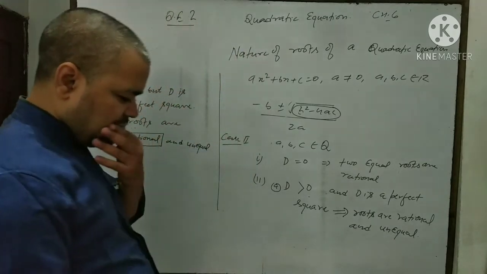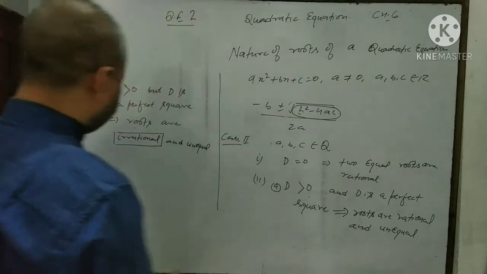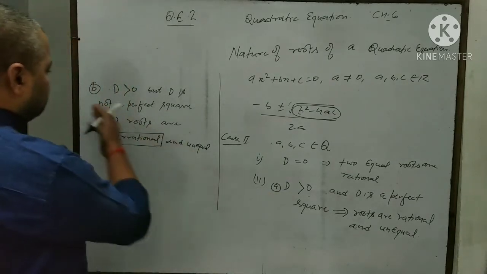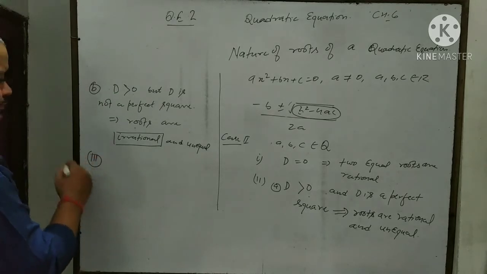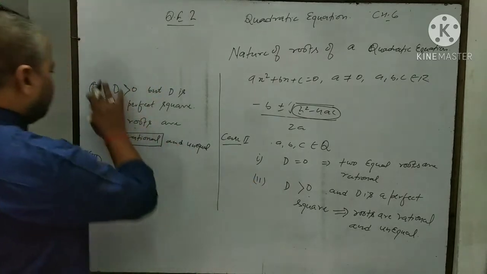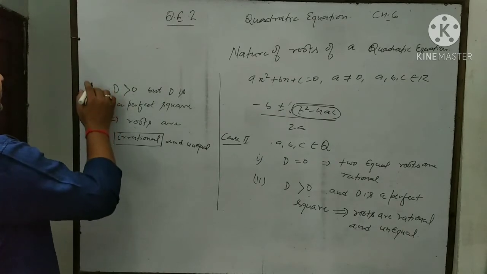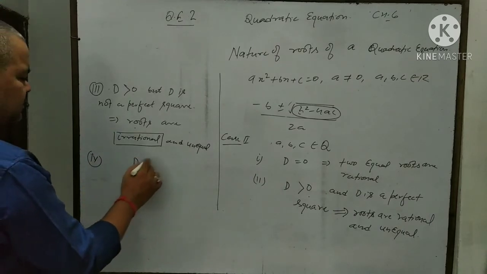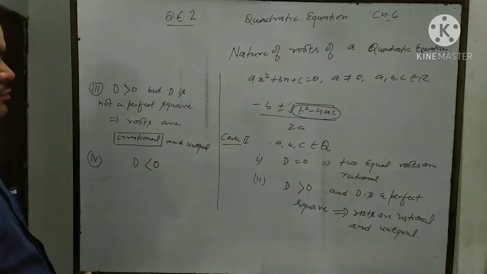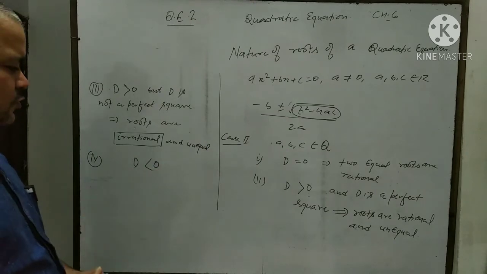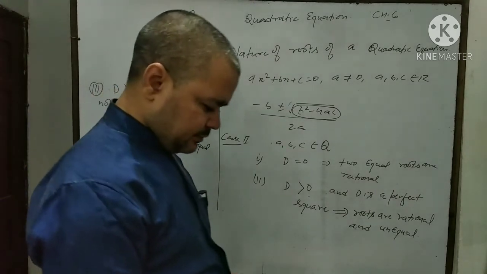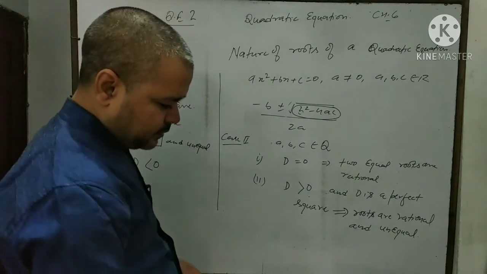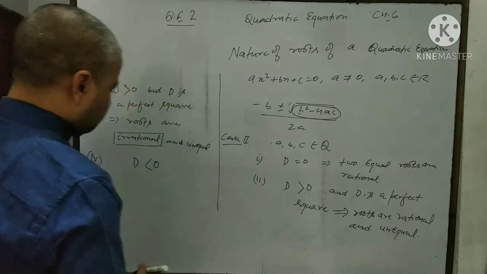Now let us see the fourth condition. When the value of discriminant is less than 0, in this case roots are a pair of complex conjugates.